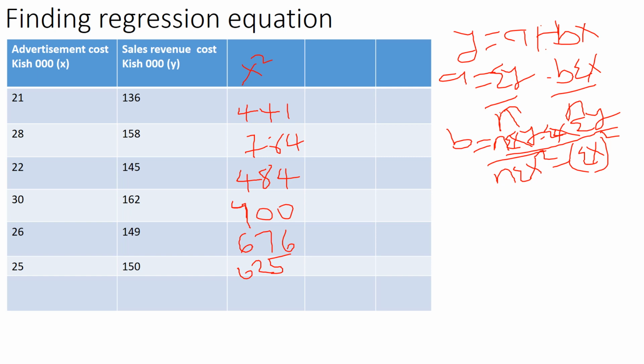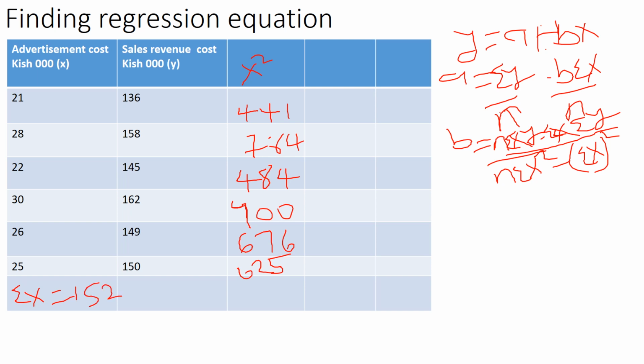625. So now the next thing I need to get is the totals. First, the summation of x: I add 21 plus 28 plus 22 plus 30 plus 26 plus 25, and this gives me 152.